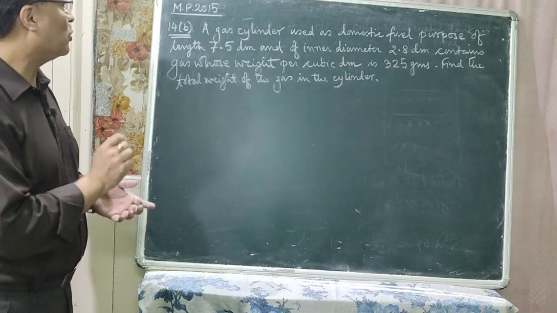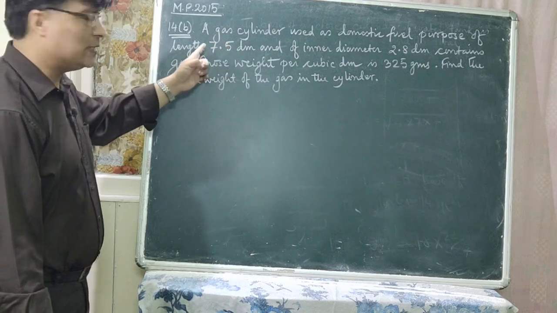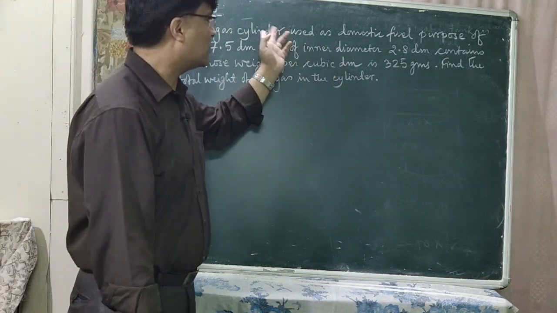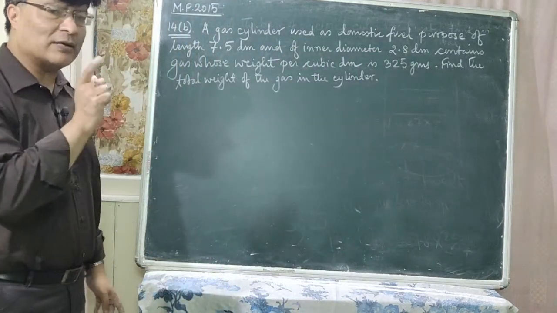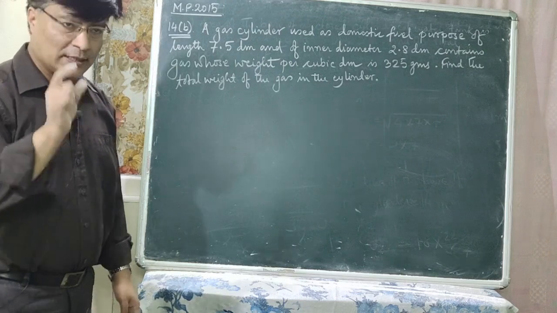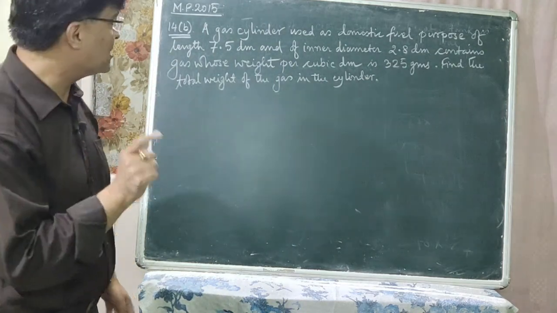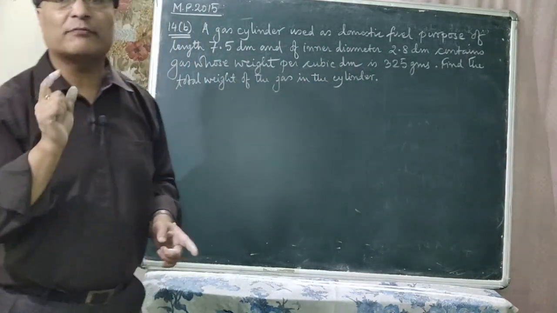So what is the length of the cylinder? It is 7.5 decimeter. And what is the inner diameter of the gas cylinder? It is 2.8 decimeter. And it contains gas, right? This gas cylinder contains gas whose weight per cubic decimeter is 325 grams.